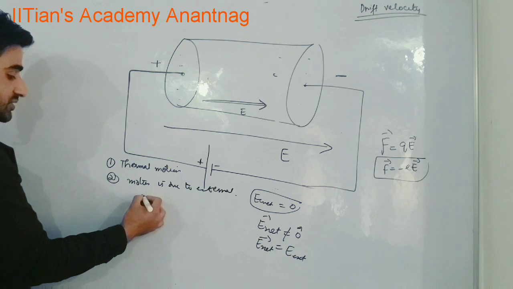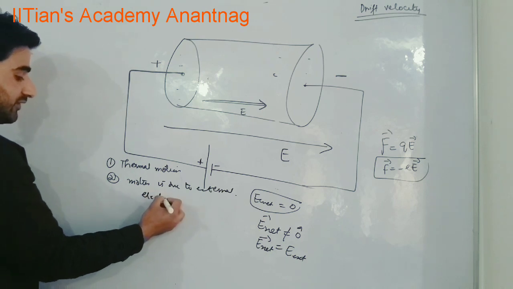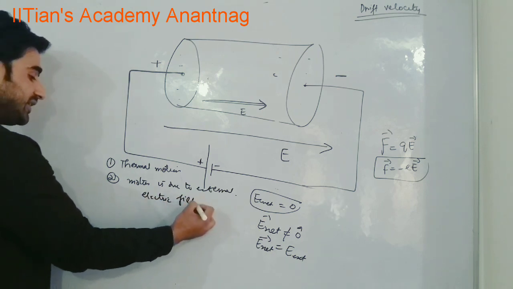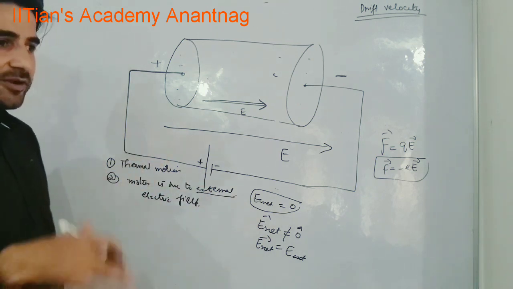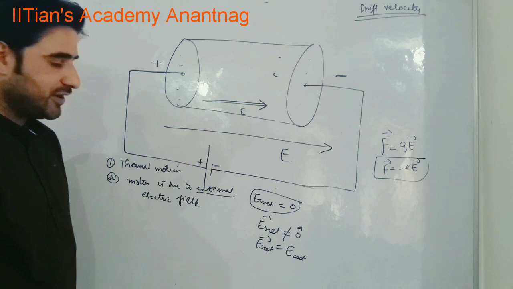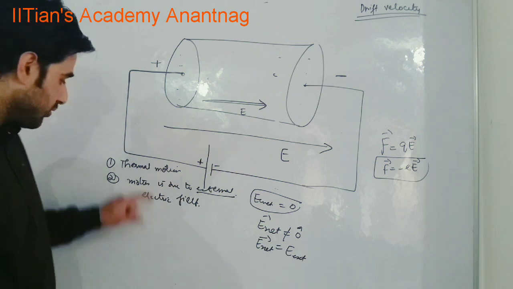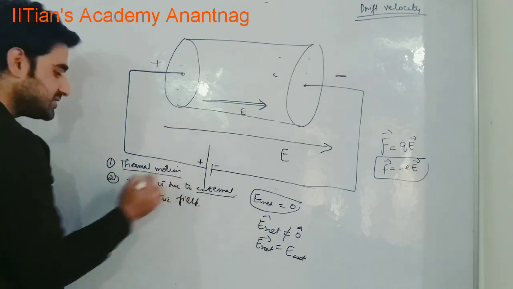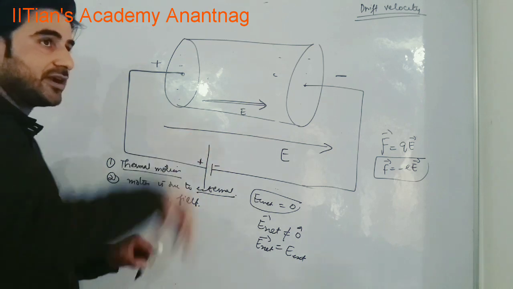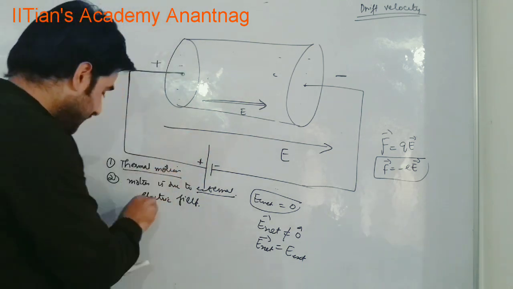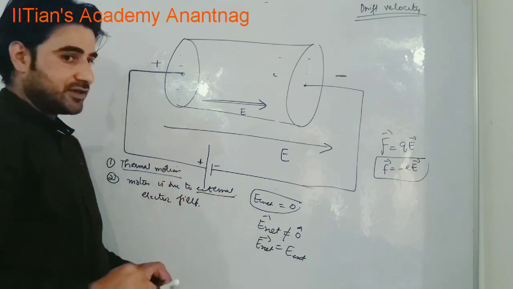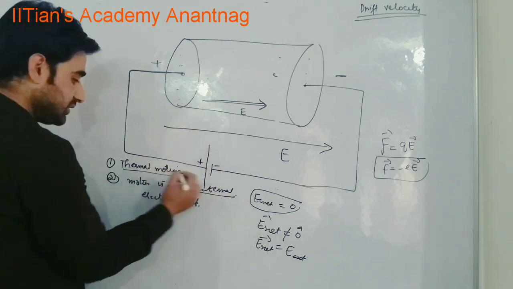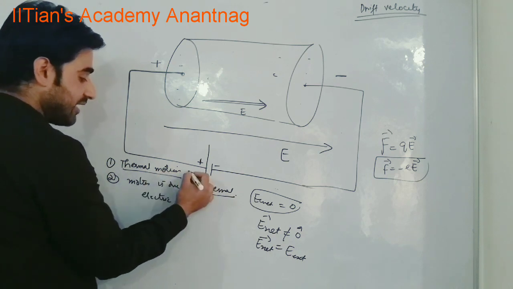In an isolated conductor, was the external field absent? No, it was present there, but the induced electric field was completely opposing it. Now I have thermal motion, that is there. Electrons will be having random motion like this, okay? But there will be another motion now due to the external electric field. So due to thermal motion, I was having thermal velocity.